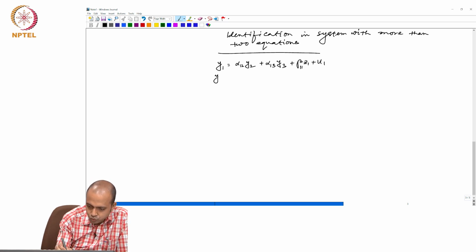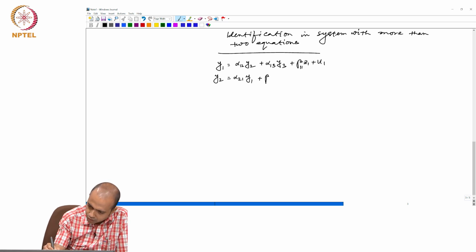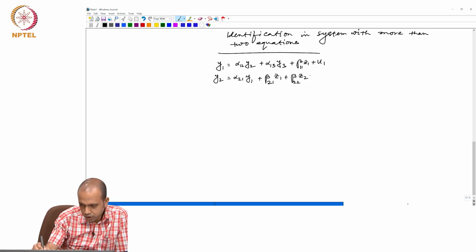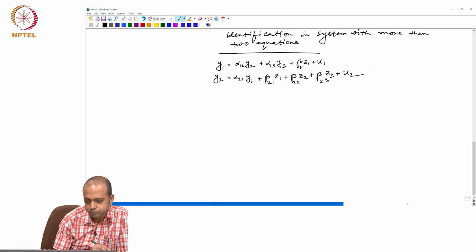Similarly, y2 equals, let us say, alpha 2 1 y1 plus beta 2 1 z1 plus beta 2 2 z2 plus beta 2 3 z3 plus u2.